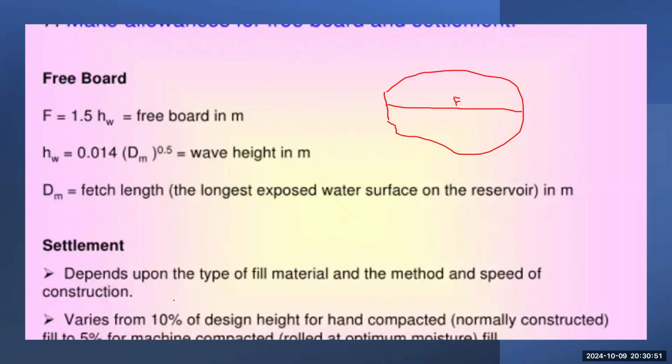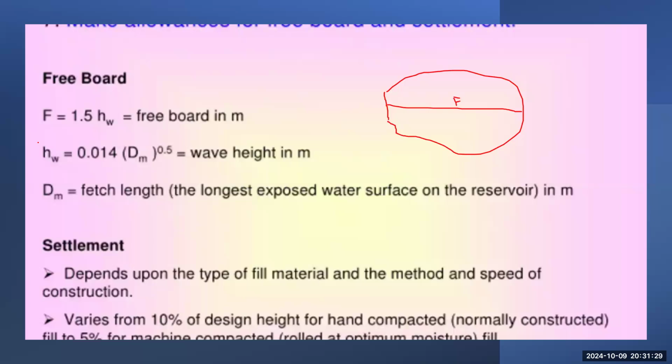Then the second point to be considered is the settlement of the embankment. What kind of material is there and how that material is compacted, based on that, the settlement of the overall structure takes place. If the earthen embankment is normally constructed and hand compacted, in that case 10% settlement is considered, so 10% extra height should be provided.